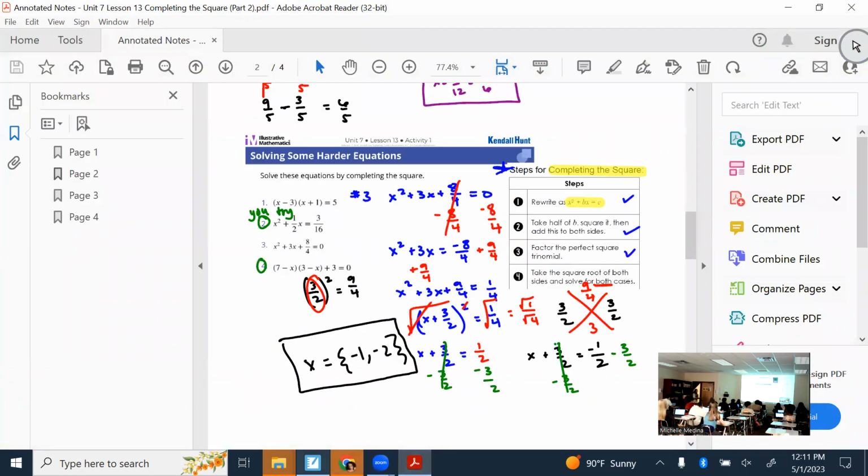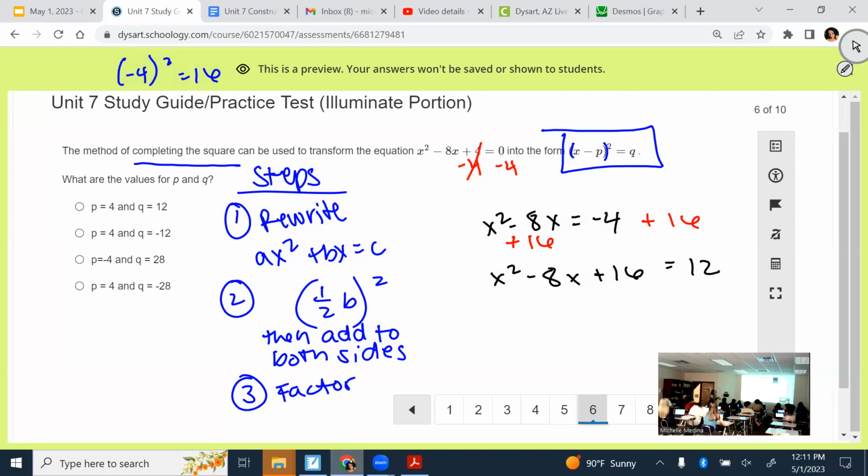Factor the perfect square trinomial. So on the left side, when I factor it, it would be 16 on the top, -8 on the bottom. What multiplies to 16 but adds to -8? 4. And so like that. Yep, now it works.